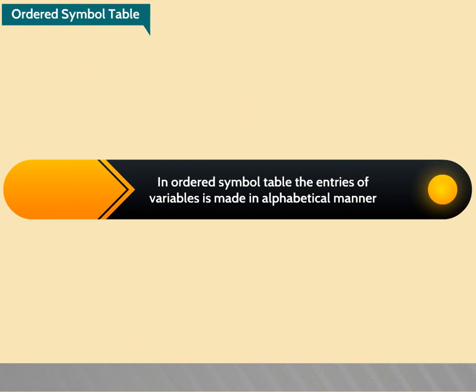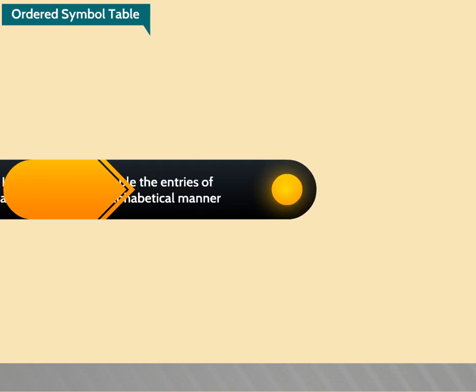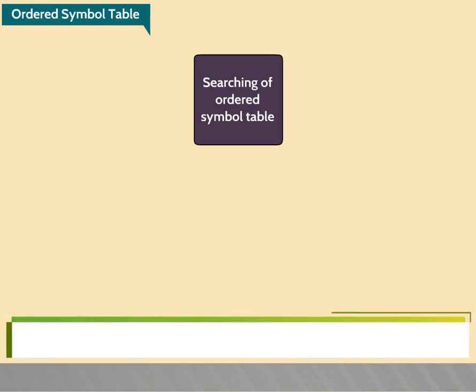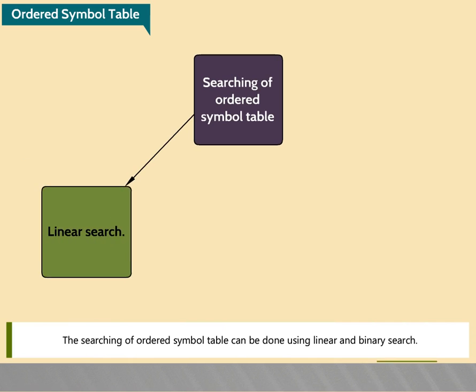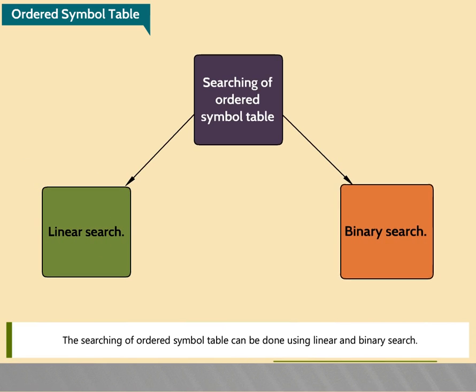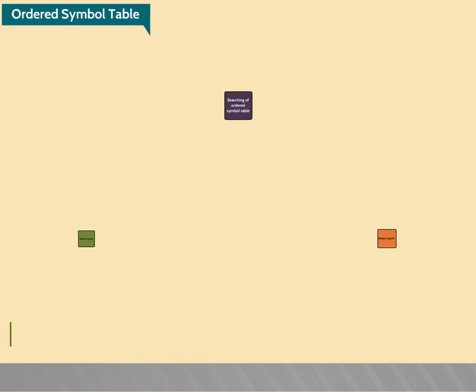Ordered symbol table. In ordered symbol table, the entries of variables is made in alphabetical manner. The searching of ordered symbol table can be done using linear and binary search. Advantages.